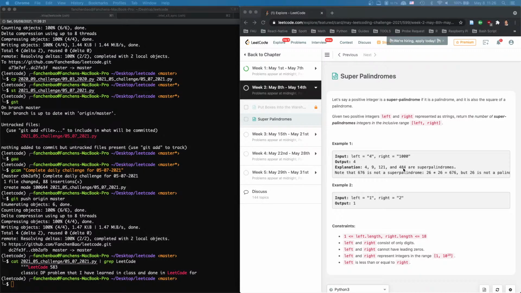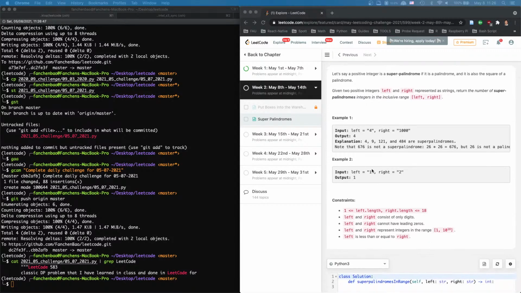Interesting. So a super palindrome is a square number that is a palindrome, which is the square of another palindrome. One and two will be 1.